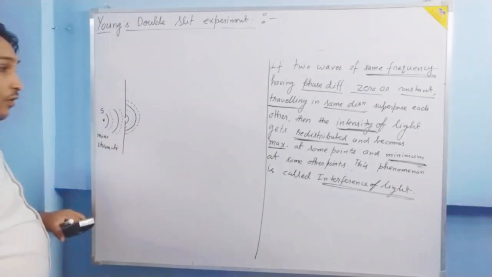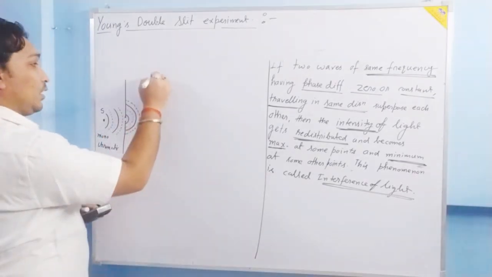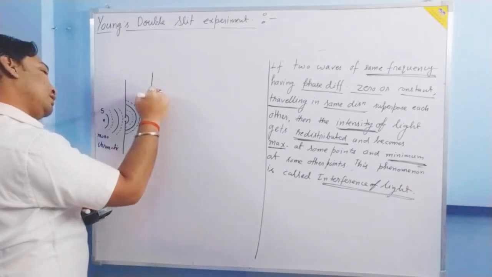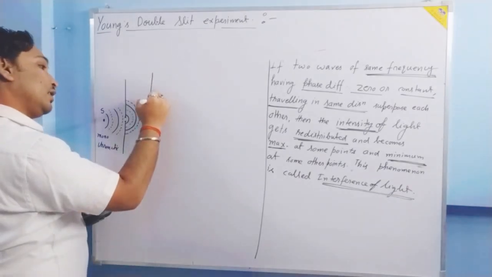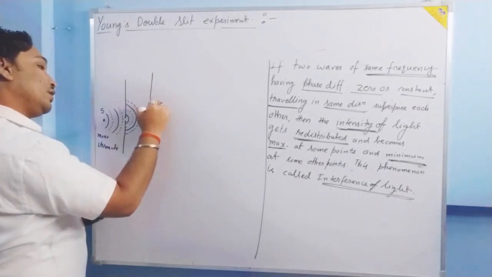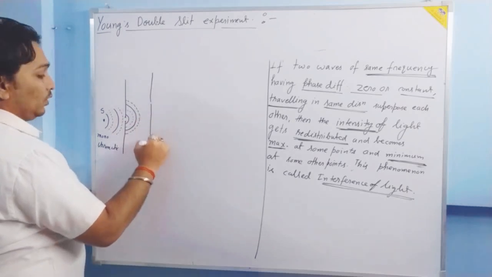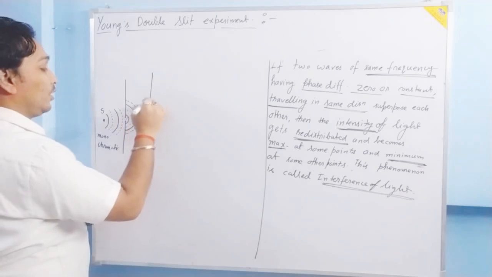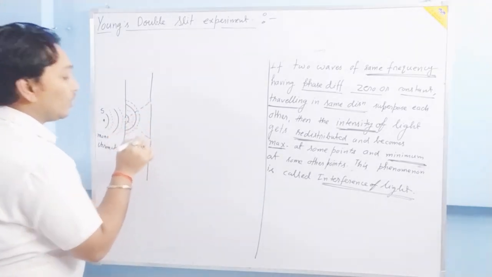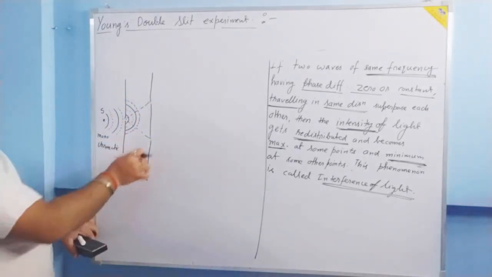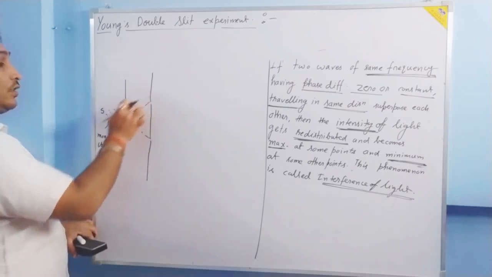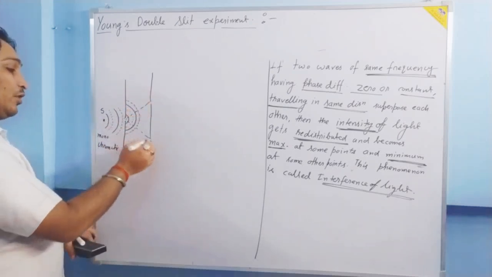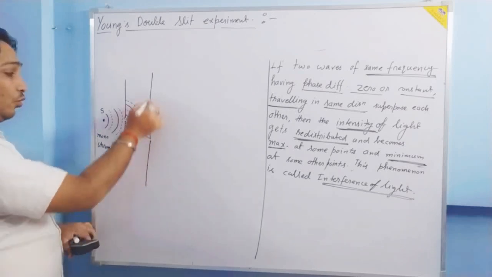Now what happens? In front of this slit, we put another slit which has two holes, and these holes are symmetric, meaning the distance from here to here and here to here should be same. It should not be that one distance is greater than the other.